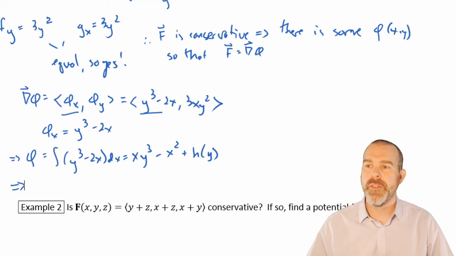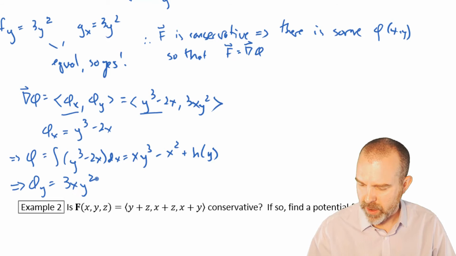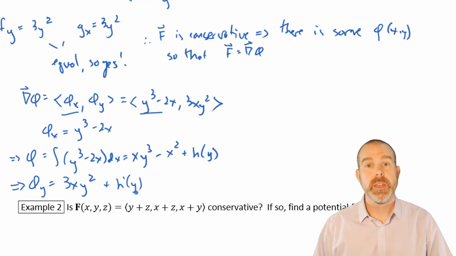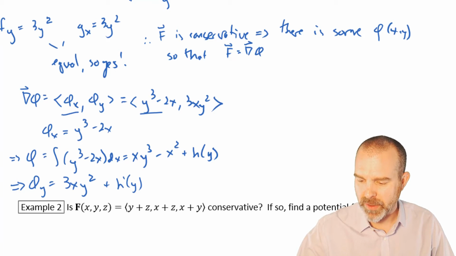Now let's take the derivative of that with respect to y. Okay, so that'll be 3xy squared plus h prime of y. But we already know the partial derivative of phi with respect to y. It's up here.